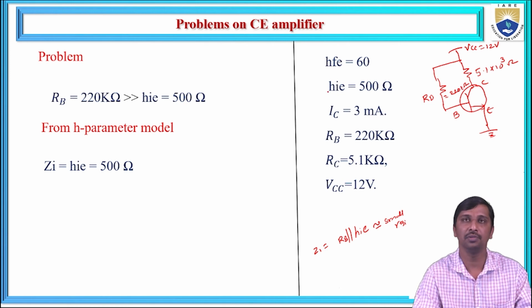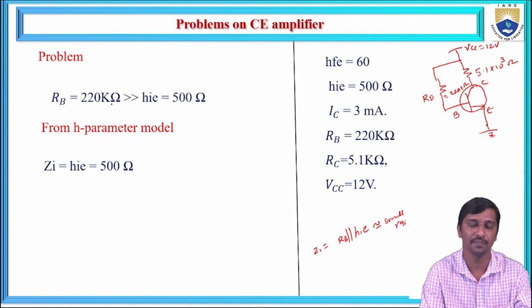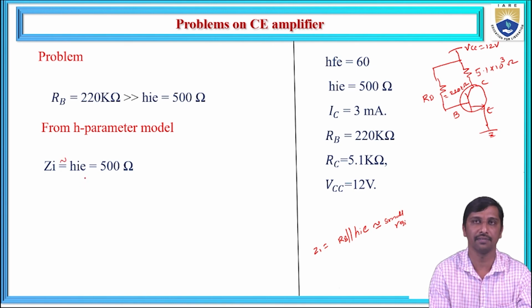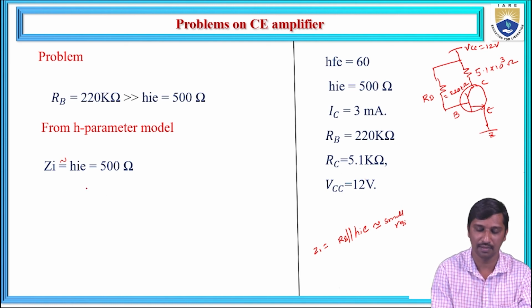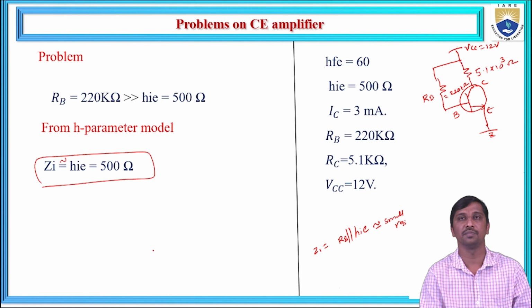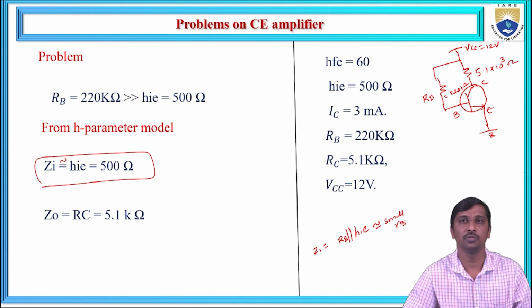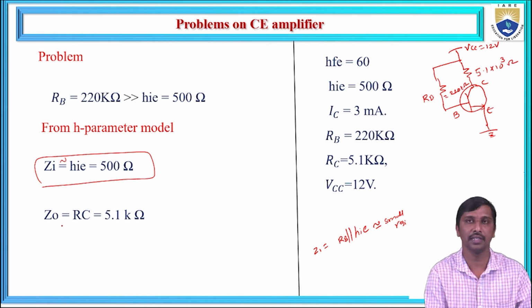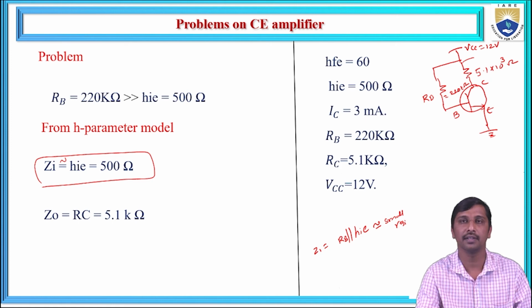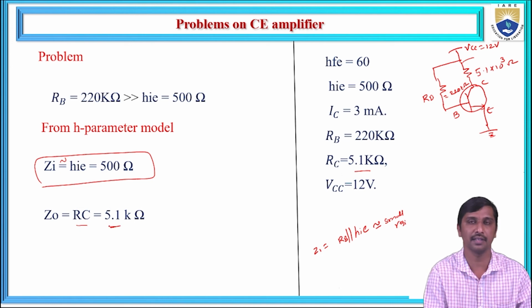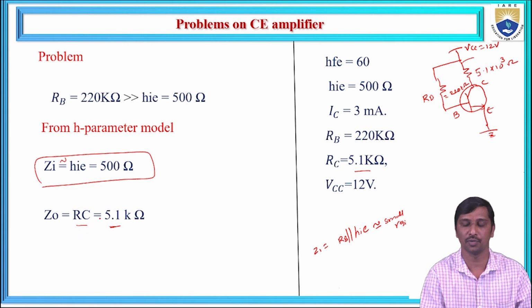Since the base resistance is much greater than the internal input impedance, Zi is approximately equal to hie. The hie value given is 500 ohms, hence Zi is 500 ohms. Now we need to calculate the output impedance, Z0. Z0 is directly proportional to the collector resistance, which is 5.1 kilo ohms, hence Z0 is 5.1 kilo ohms.